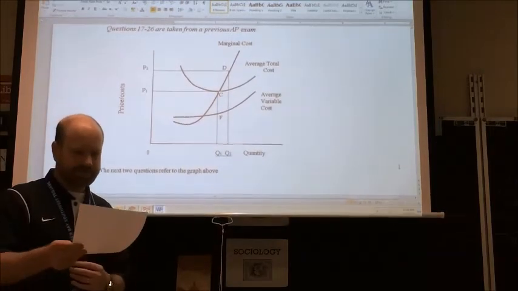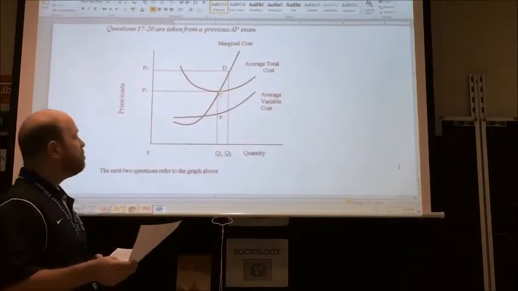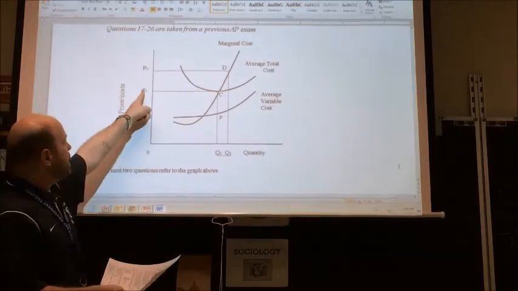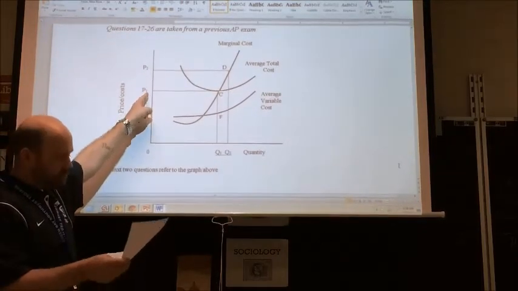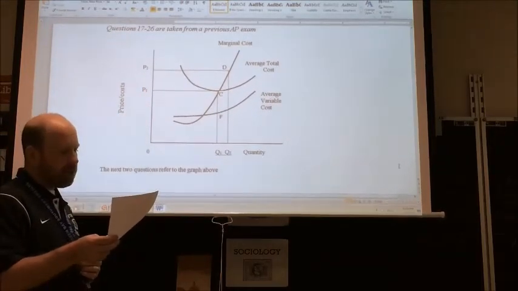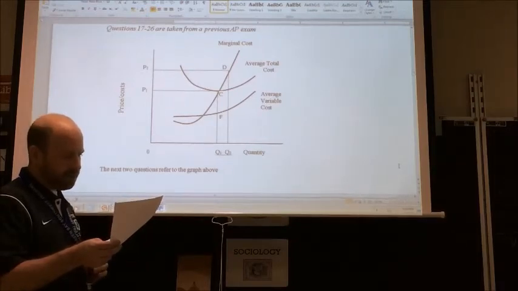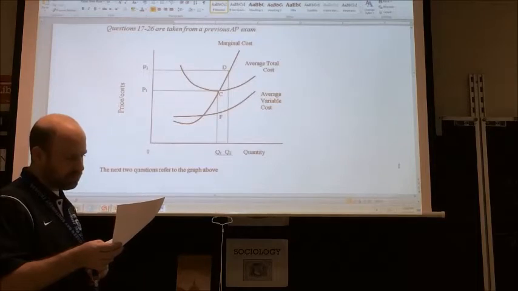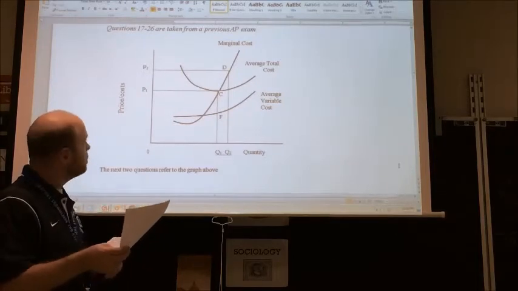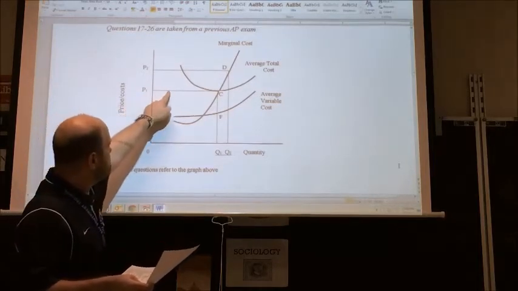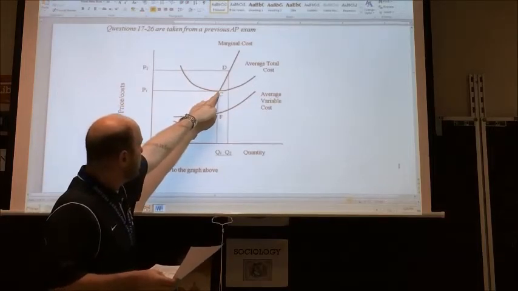Very good. And then 3, if marginal revenue is equal to P1, this Y value, all the following statements are true except D. P1 right here.